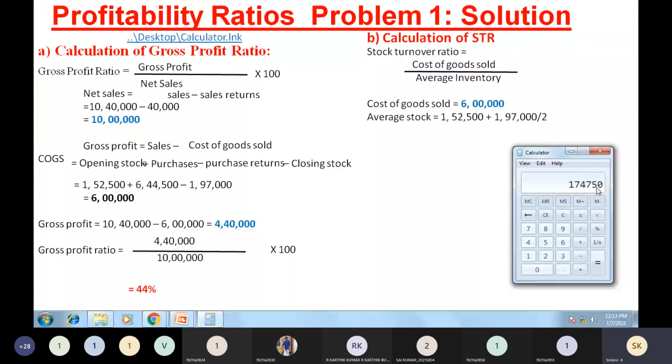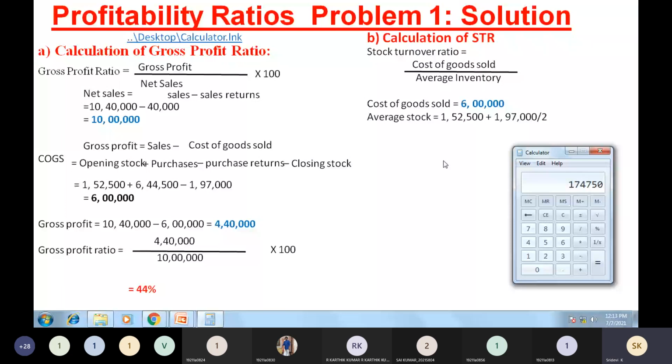Don't divide 1,97,000 by 2 and then add it to 1,52,500, because your average stock will be different. You have to add both these values and only then divide by 2.